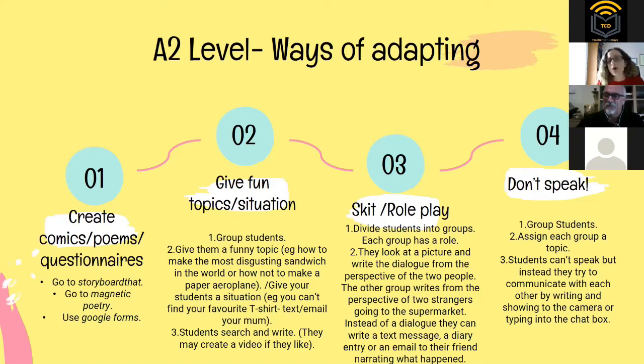Of course, skits and role playing are equally important. Always give your students a topic and a task in order to make sure that they are on the right track. So let's say that we have a picture showing two people fighting outside the supermarket. What you can do is first you group your students, of course, and first they look at the picture and write a dialogue from the perspective of the two people that are actually fighting.